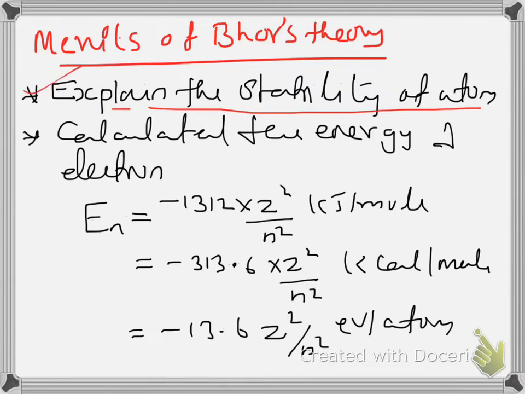The second demerit of Rutherford was his inability to explain the energy of electrons, which was done by Bohr. He calculated the energy of an electron in any particular orbit.